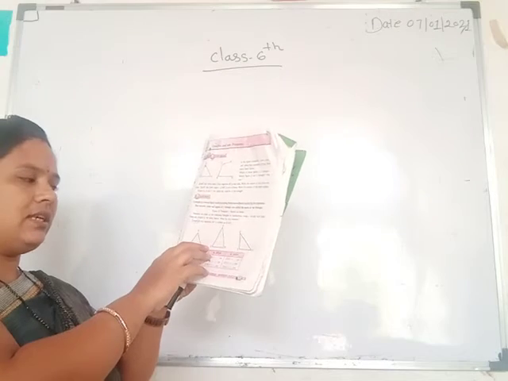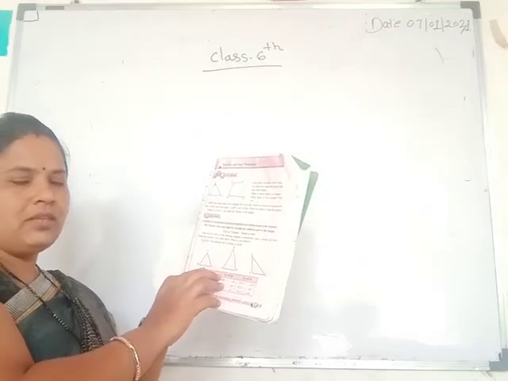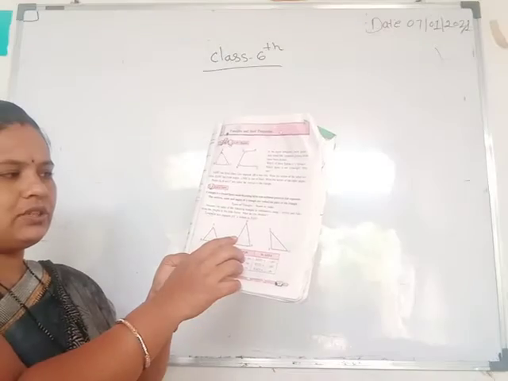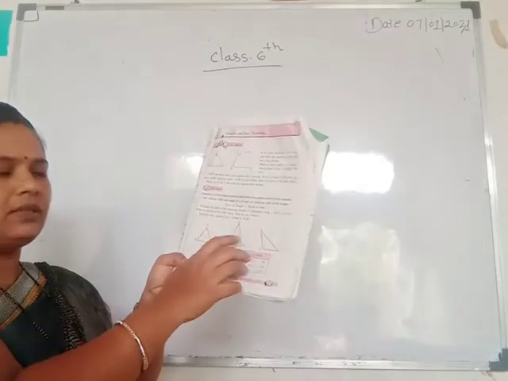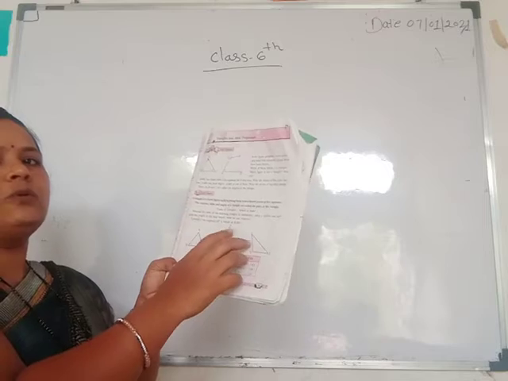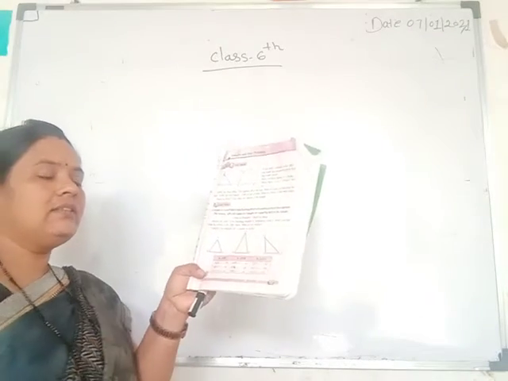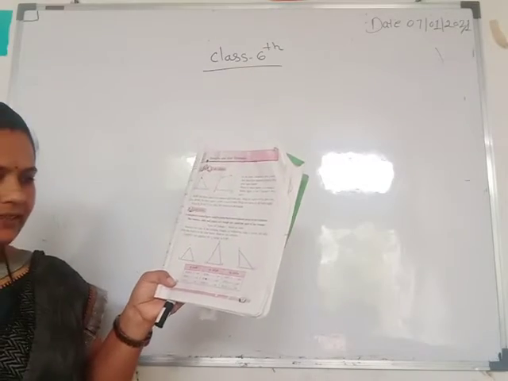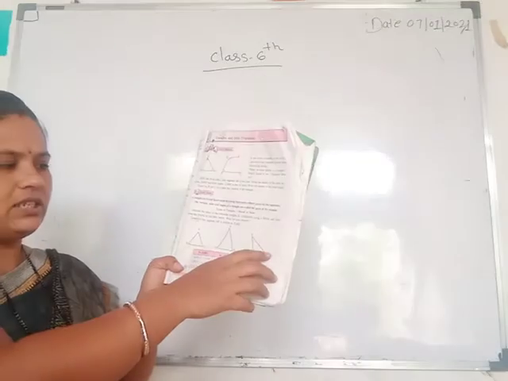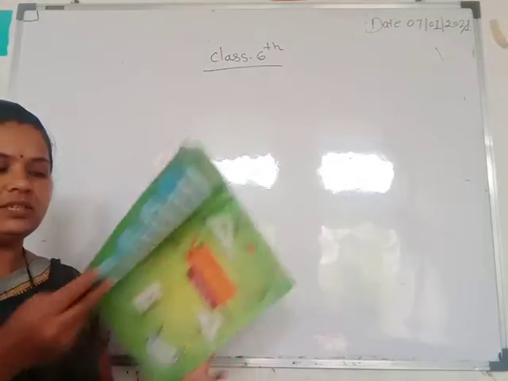Suppose AB is 3 centimeters, AC also 3 centimeters, BC also 3 centimeters. Then in triangle PQR, suppose this is 4 centimeters, this also 4 centimeters, and QR is different, 3 centimeters. Here two sides are equal and one side is different. In triangle XYZ, XY is different, YZ is different, and XZ also different. You measure them with the scale.